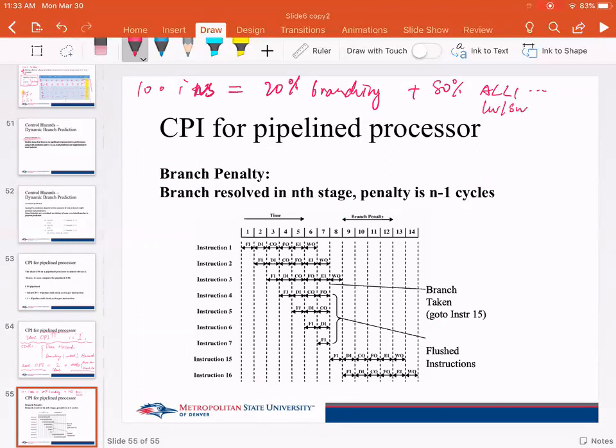So only the 20% branching instructions could generate a branch penalty. And remember that inside this 20% branching instructions, you do not always have to pay the branch penalty. When do you have to pay the branch penalty? When you made a wrong prediction.